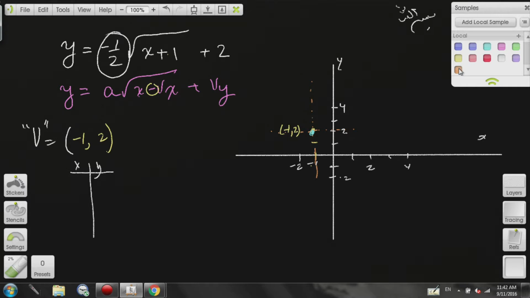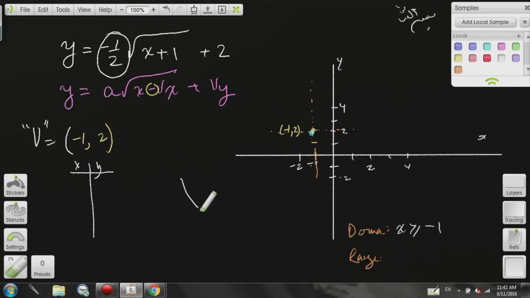Now even from this we can figure out what the domain and the range are going to be. The domain and range are going to be restricted. The domain is all the possible x values. They have to start from here. x can't be over there because the graph is going this way. So the domain is x greater than or equal to -1.